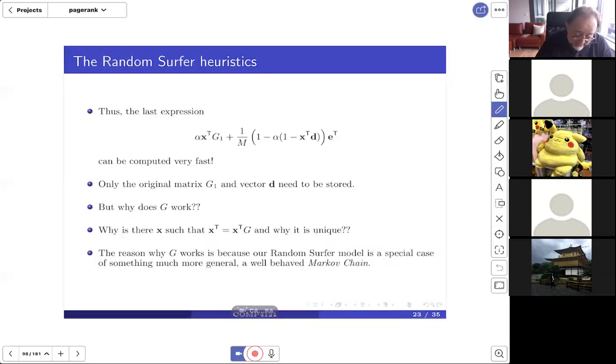The reason why this holds is very general, and it has been known for centuries, because it's a statement about something called a Markov chain. And Markov chains are extremely important in computer science. After we finish PageRank, we will show how Markov chains are applied to speech recognition. So this is really the bread and butter of every computer scientist.